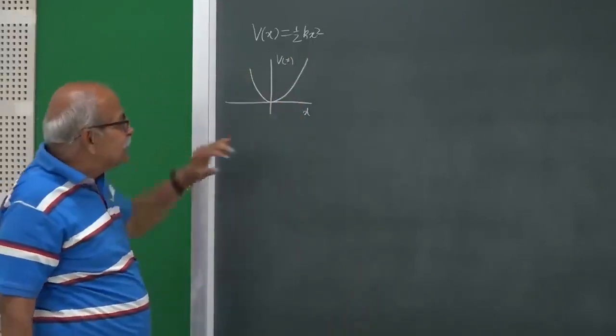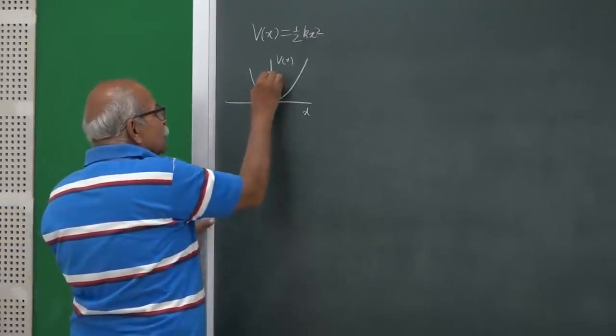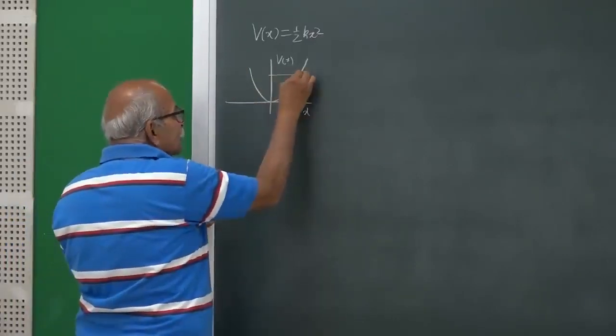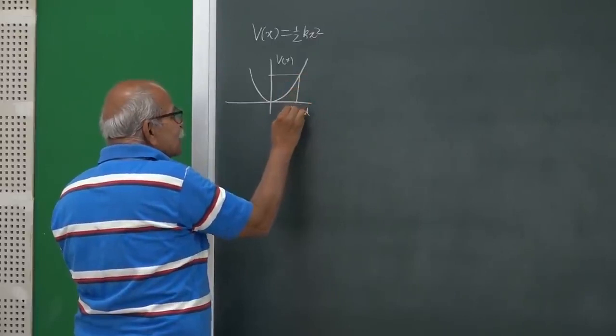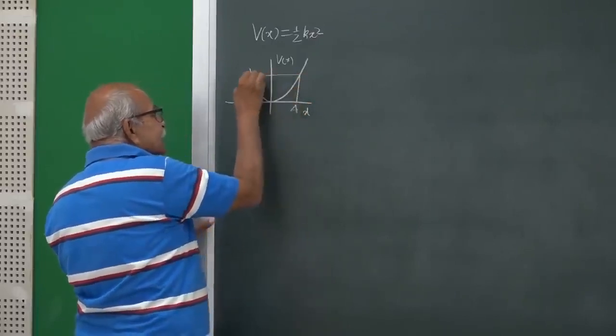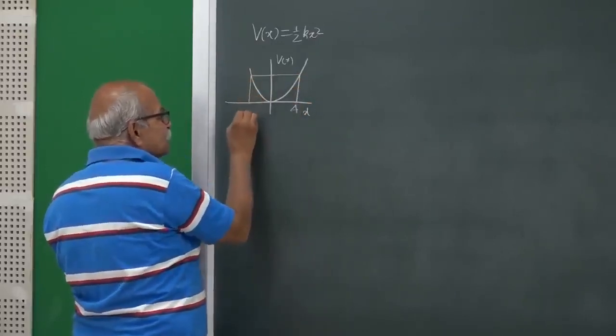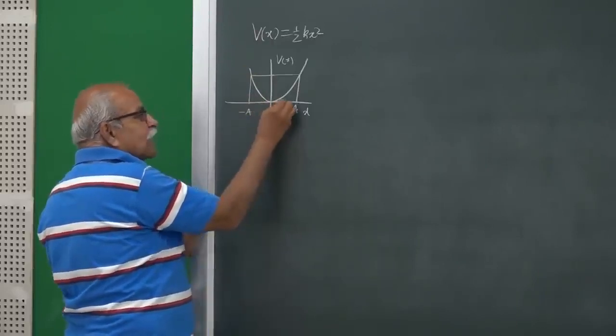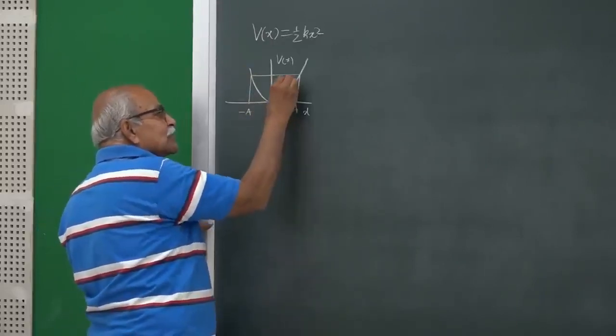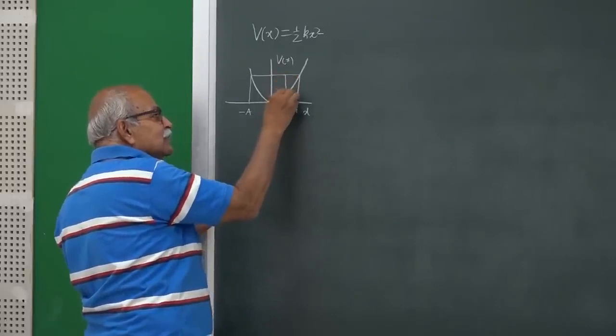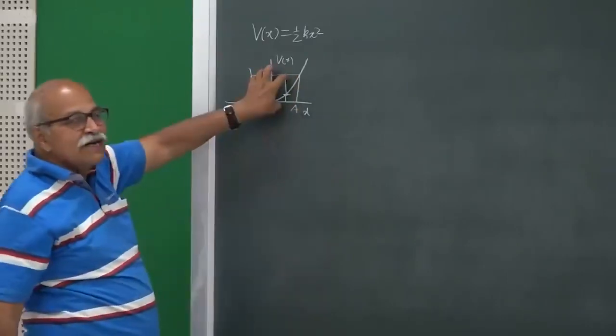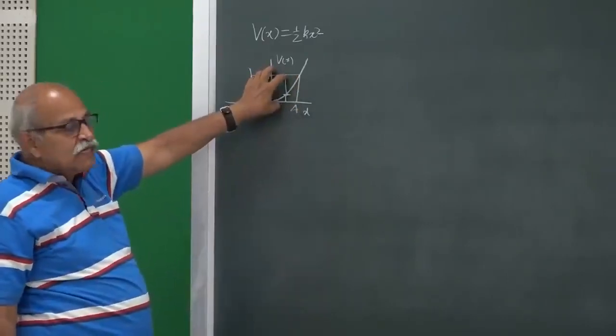If this is given and if the total energy is known, then I know what the turning points are, what the amplitudes are, and then as a function of x, how much is the potential energy, how much is the kinetic energy at each time. Many things I can derive from these kinds of diagrams.